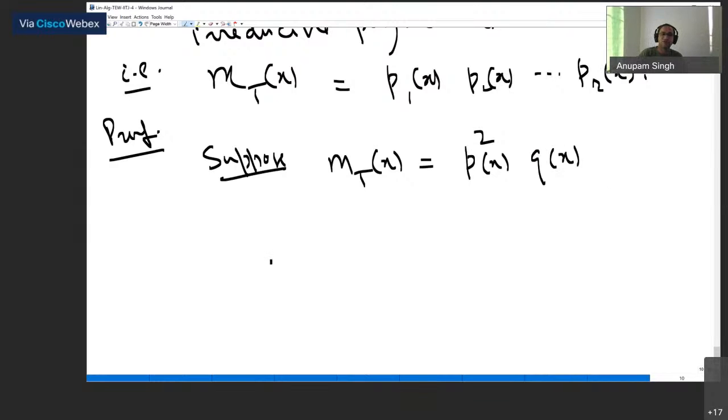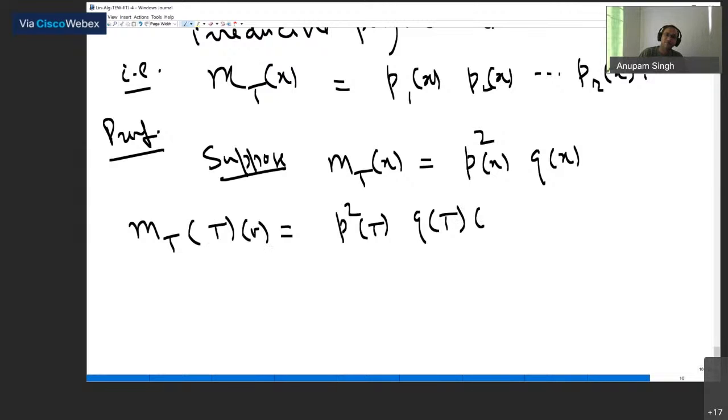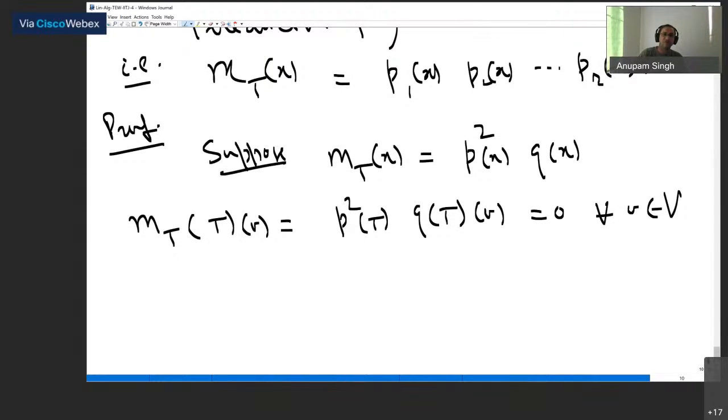By definition, the minimal polynomial m_T(T) will be P^2(T) Q(T), and this applied to every vector v is 0. This is the definition of the minimal polynomial, for all v in V, because when we substitute T in m_T, it is identically 0, meaning on every vector it becomes 0.